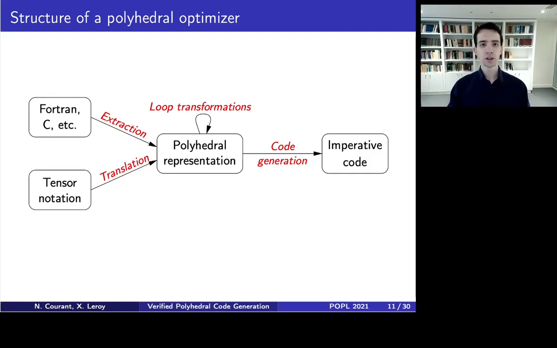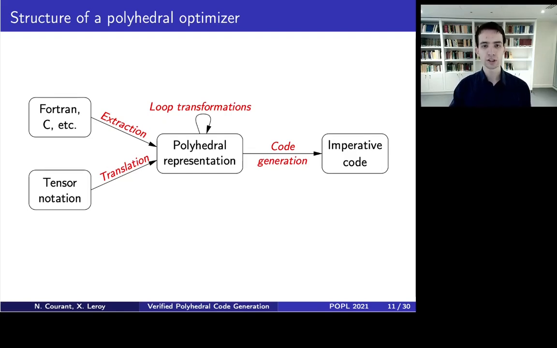A polyhedral optimizer is generally structured as three parts. The first part is extraction from a traditional language to a polyhedral representation, sometimes guided by annotations by the programmer, or translation from tensor notations.